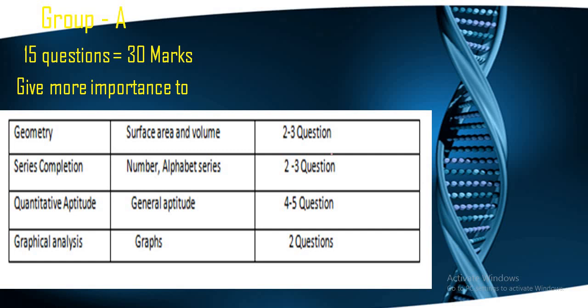You can see 2 to 3 questions come from geometry, 2 to 3 questions from series completion, and from quantitative aptitude you can see 4 to 5 questions, while from graphical analysis there are 2 questions.